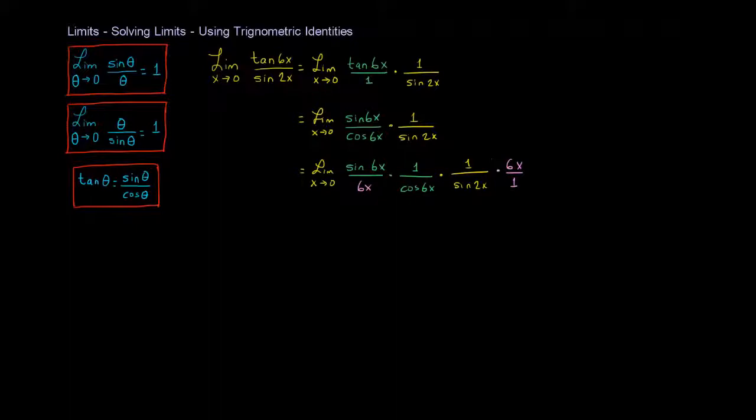Now I'm going to do pretty much the same thing with this. I'm actually going to redraw this line because it's too ugly. Like this, I think it's better. Now I'm going to do the same thing, but with this sine of 2 times x. I'm going to add a 2 times x over here in order to comply with the identity.